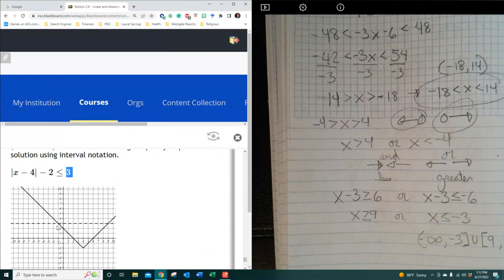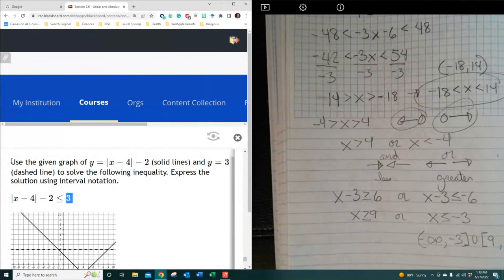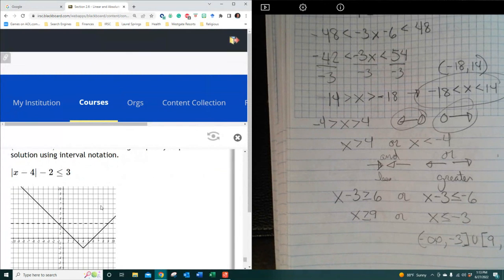But if it said greater than, it would be from negative infinity to -1, and then from 9 to positive infinity, because that's when this line would be above the dashed line. So you have to be careful with what you're reading. They want us to use the given graph. That's the whole thing, and you don't have to solve anything here. That's all you have to do, and so there's the answer.